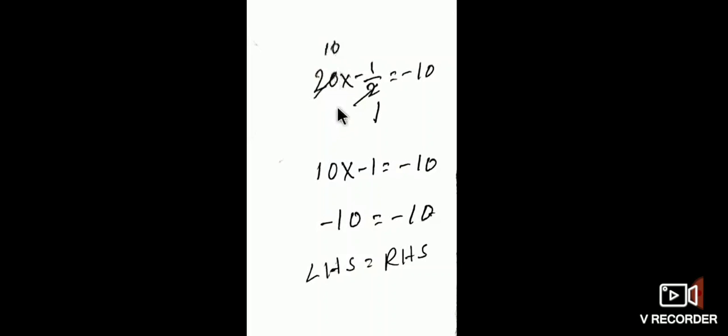We should substitute: 20 into the value of t, which is minus 1 by 2. 2 ones are 2, 2 tens are 20. That is 10 into minus 1, that is equal to minus 10. Minus 10 is equal to minus 10. LHS is equal to RHS.